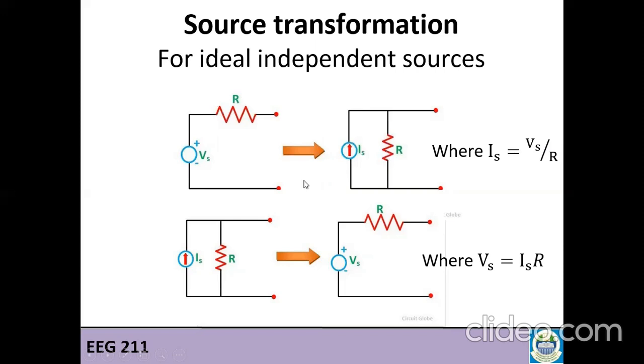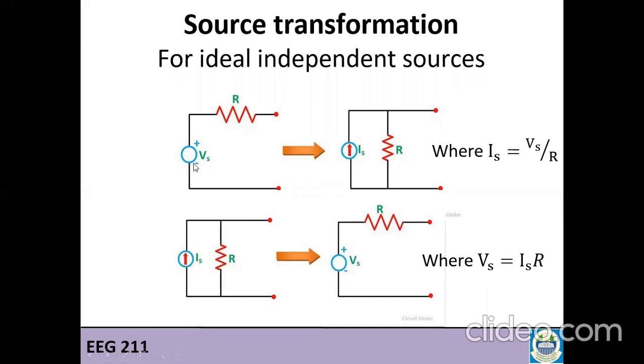Similarly, we can convert a current source in parallel with a resistor into an independent voltage source in series with a resistor, with this relation.